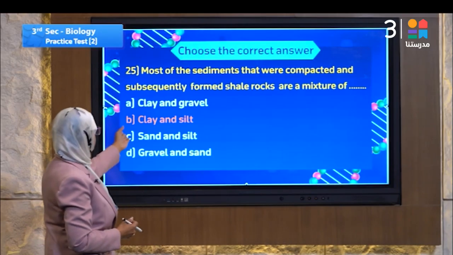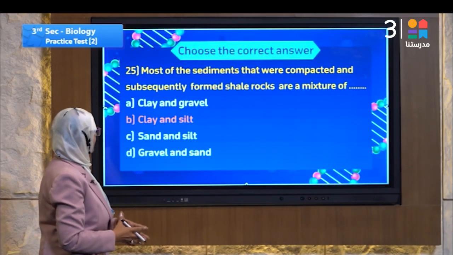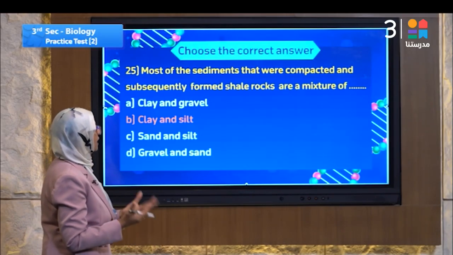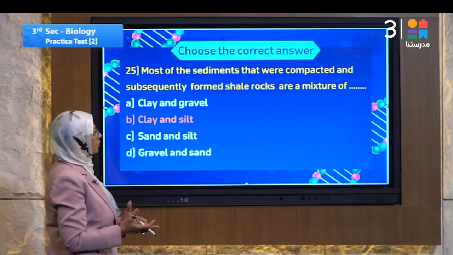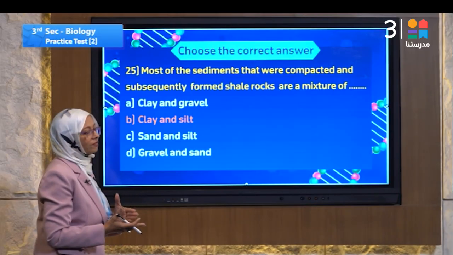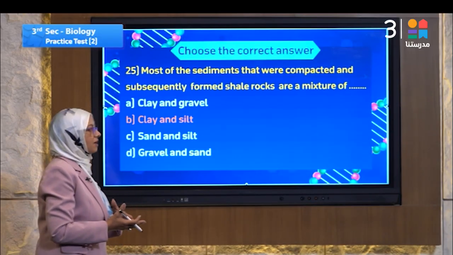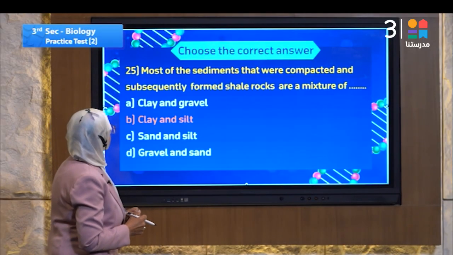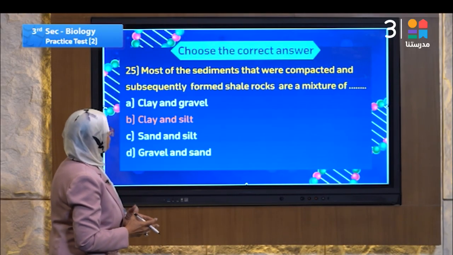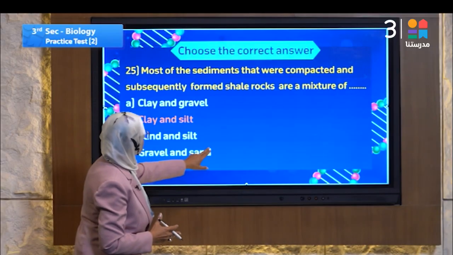I think the answer is B, clay and silt, to make the shale rocks. It is a mixture of clay and silt.